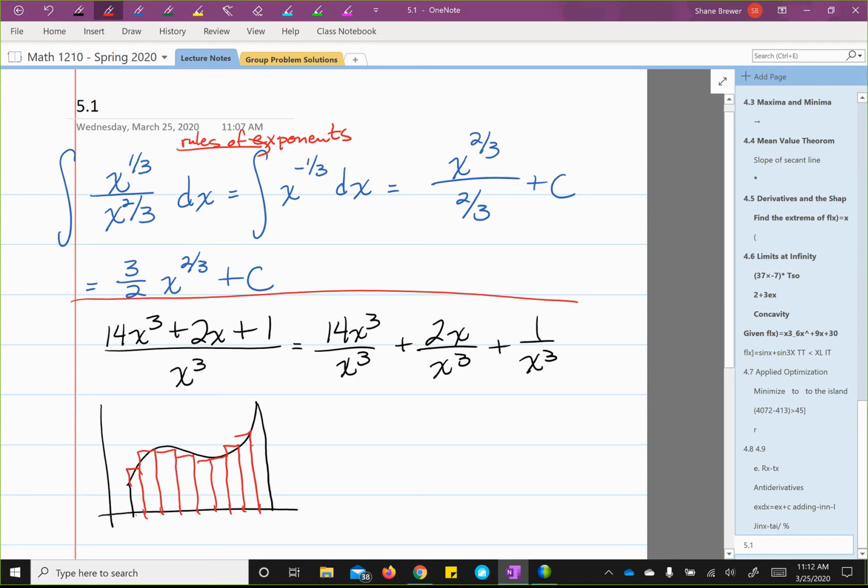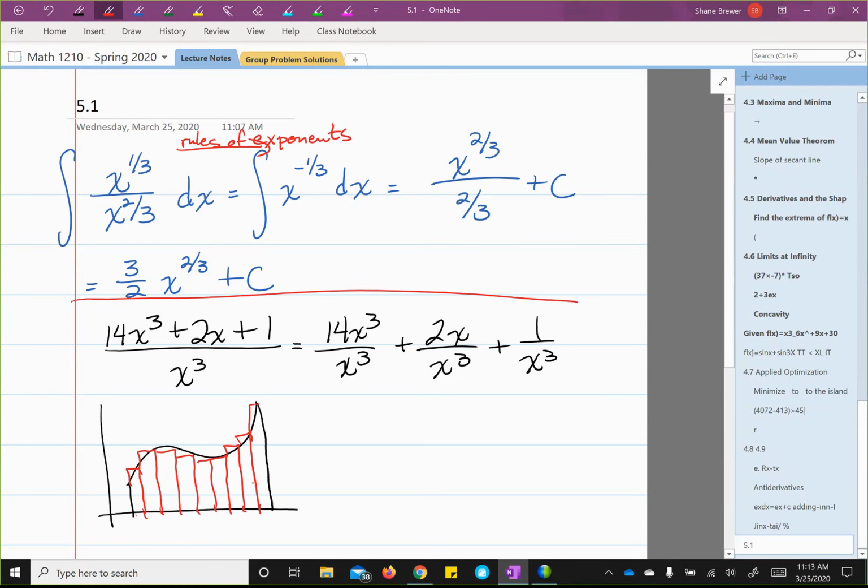Well, we're doing that in 5.1. We're returning to that idea. If I want a better approximation, then I would use more rectangles, right? I would cut each of these rectangles in half and then use the right hand rule. In 5.1, you're going to see the same idea. We're going to put a lot more notation to it because we need the notation to actually find these areas, right? We're going to use limits to do this.